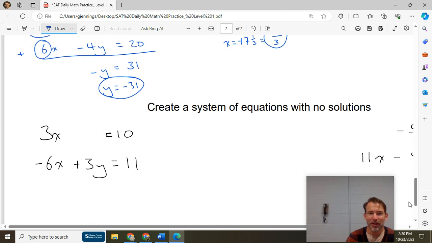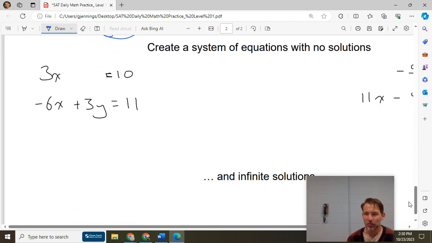And then here's a question type that shows up so often on the SAT. They will say 3x plus ky equals 10, or maybe they have hy or some other variable, and they want you to find the value of k that makes there be no solutions.